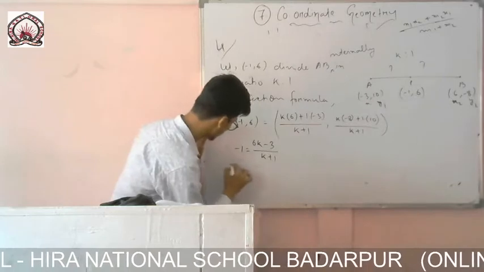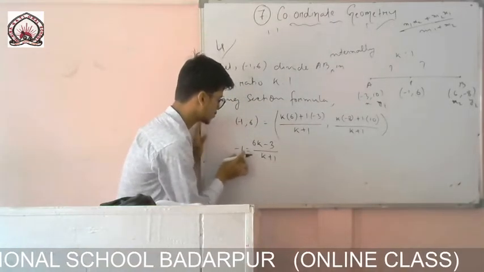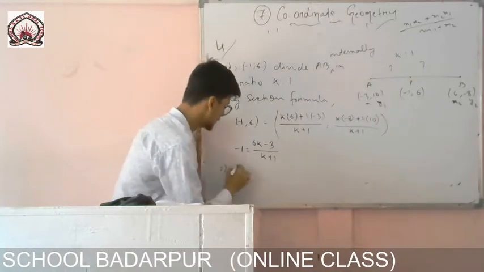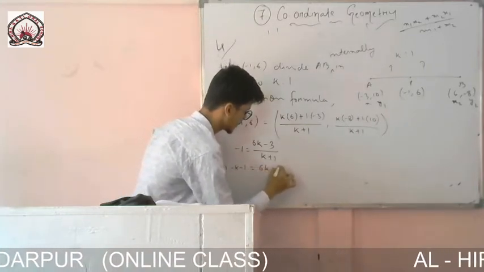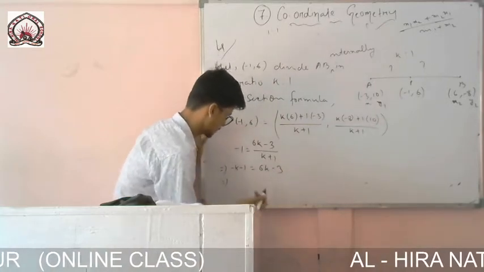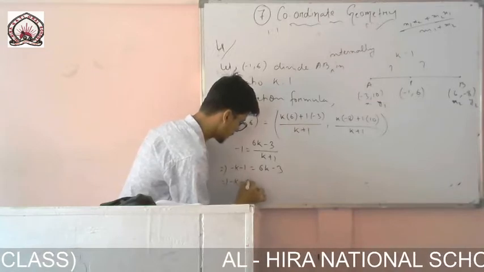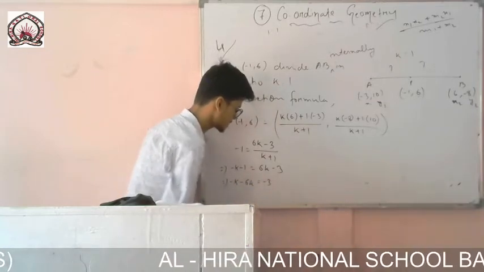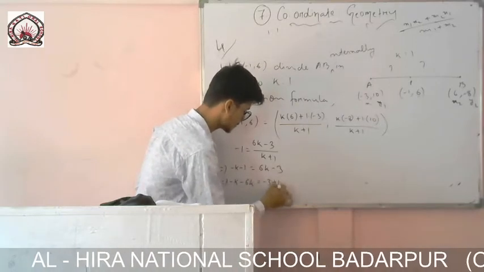Now if I solve it with minus 1, I will multiply, so k plus 1 divided by minus 1, it will be minus k minus 1, and there it is 6k minus 3. Now if I bring minus k, it is 6k there, then it will be minus 6k, there minus 3 is there, if I take minus 1, then it will go to that side, it will be plus 1.